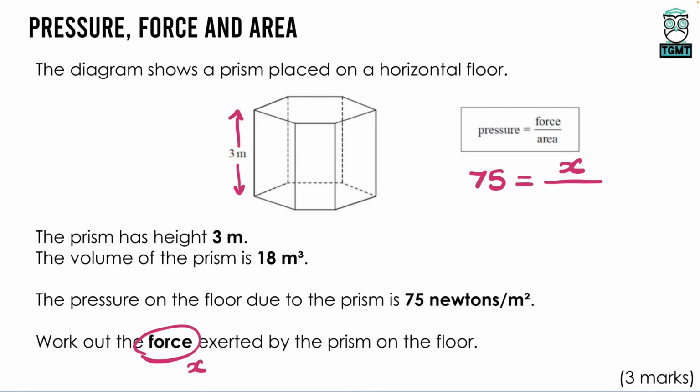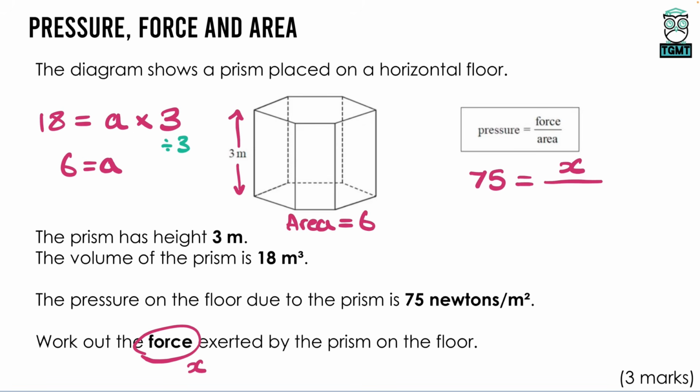So to work this out, the volume, 18, is equal to the area, let's call it A, multiplied by 3. We can actually probably see the answer to that quite easily. The area has to be 6. But we can divide by 3 and we get 6 is equal to A.